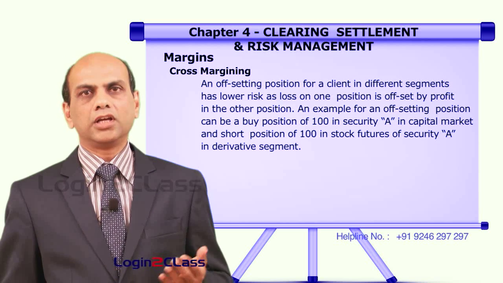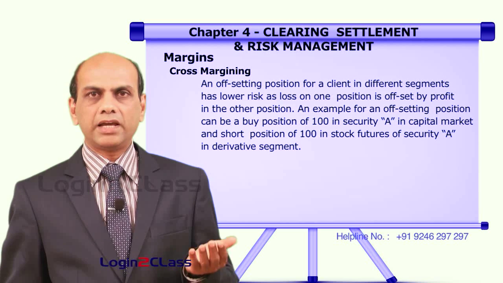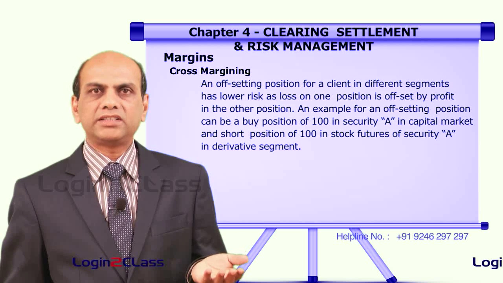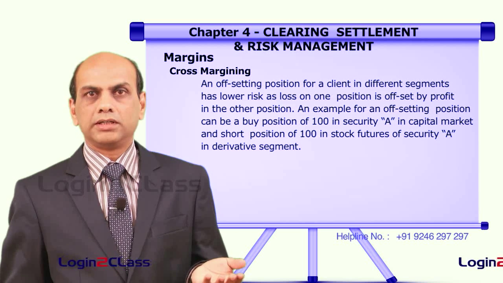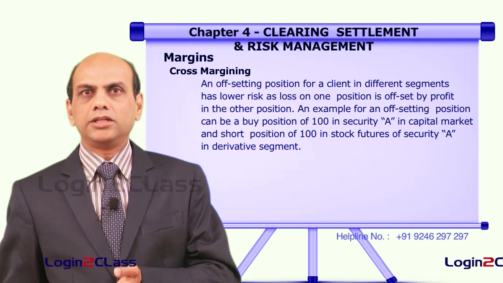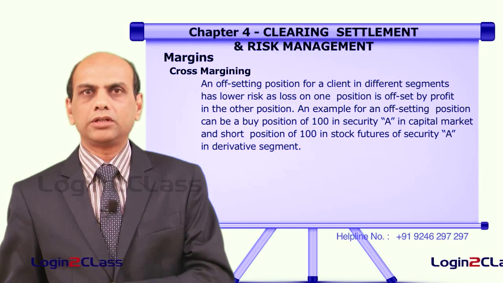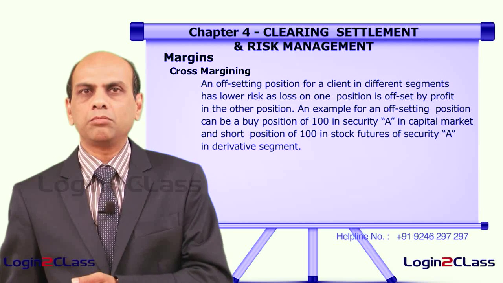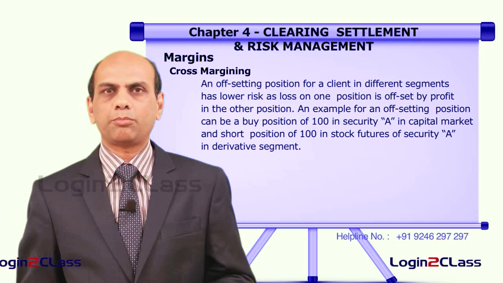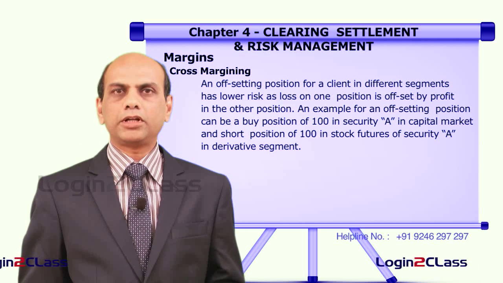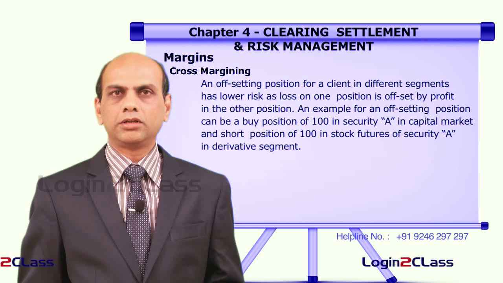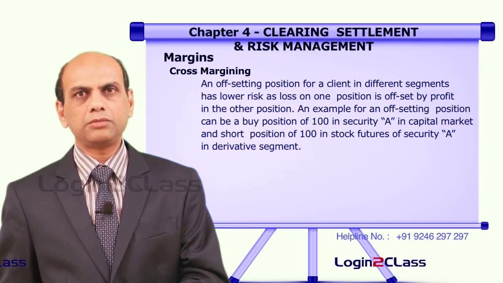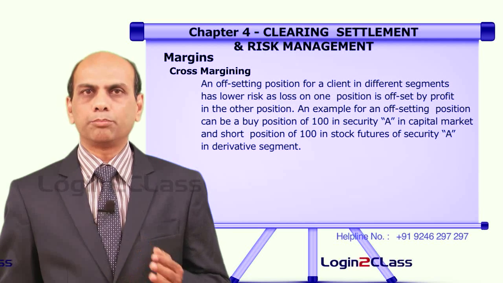Then what happens? If the price goes up, then he is getting profit in the security A for the 100 shares he bought in the cash segment, and there will be a loss in the 100 shares short position, that is the sell position, which he has taken in the derivative segment of the same security. In such a case, the profit in the capital market position of the same security and the loss in the derivative segment sell position of the same security A will almost match.